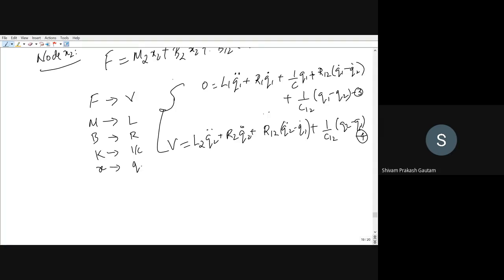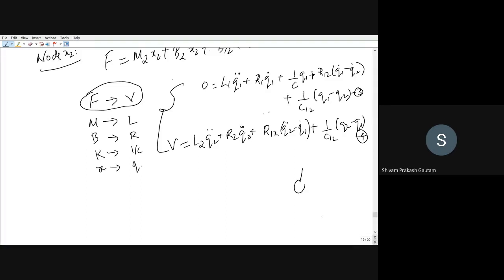We are doing the force-voltage analogy. In the force-voltage analogy we use loop analysis, and in the force-current analogy we use node analysis. So we will be using loops, and there will be 2 loops.